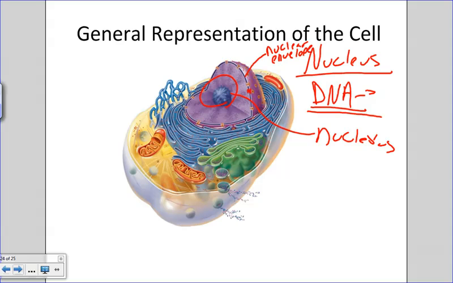Then you'll notice these pores that we call nuclear pores. Those nuclear pores are very important as well. So the nucleus has a couple of different parts, and these parts serve various purposes.